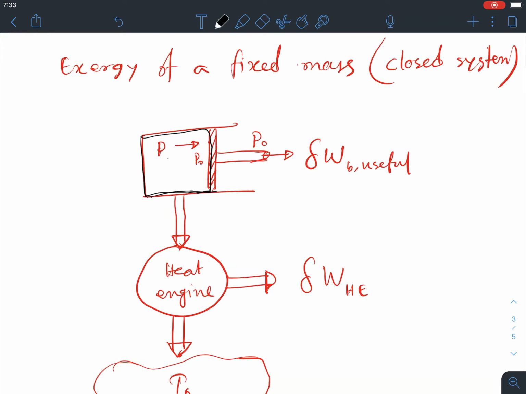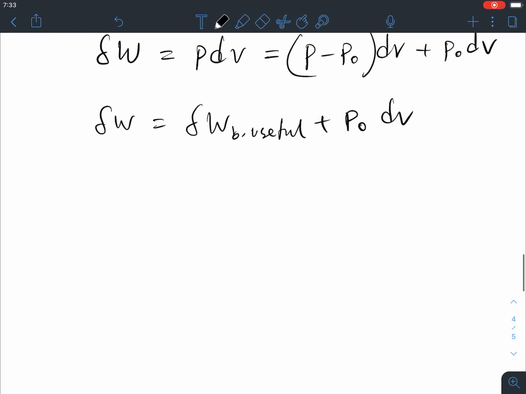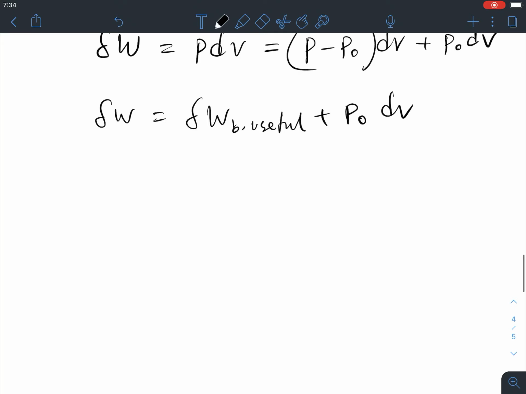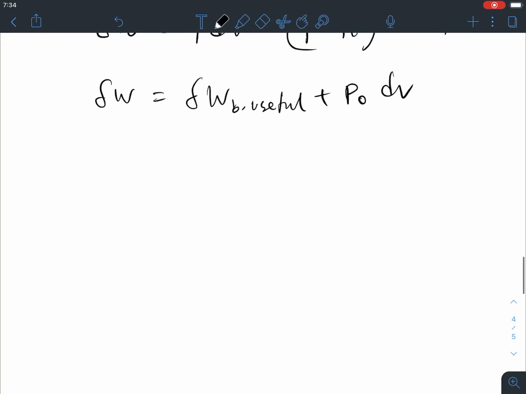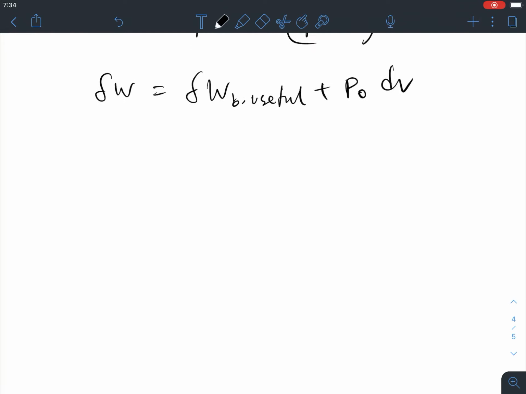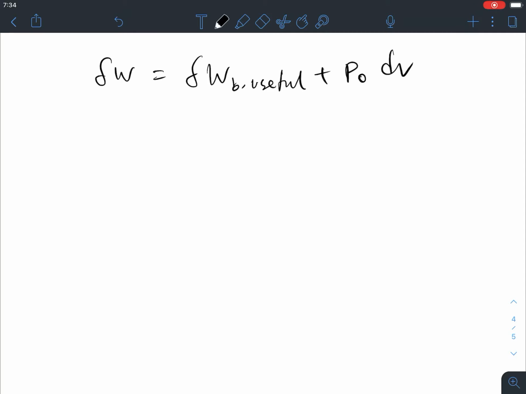You can see that when it's changing the pressure from P to P naught and changing the volume from this state, state 1, to this state, state 2, then when it's changing the volume, it's also producing some sort of work. So that work is basically the useful work, right? So we got some sort of equation for delta W, right?